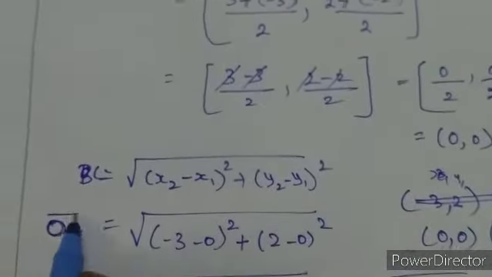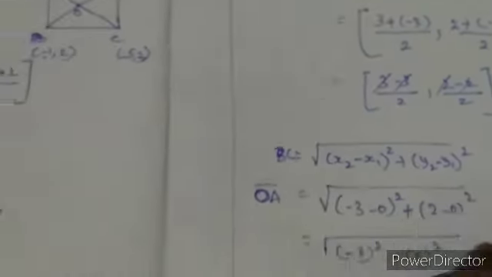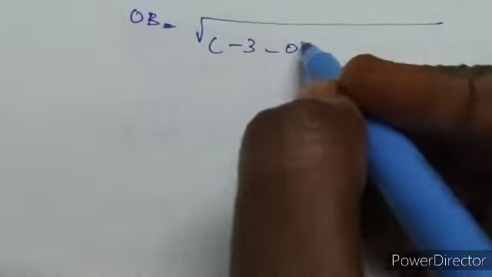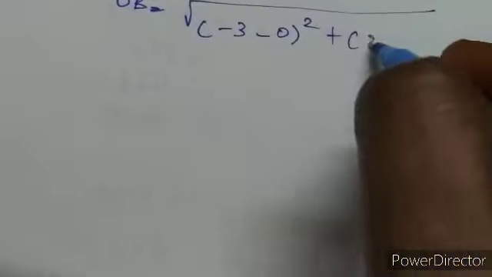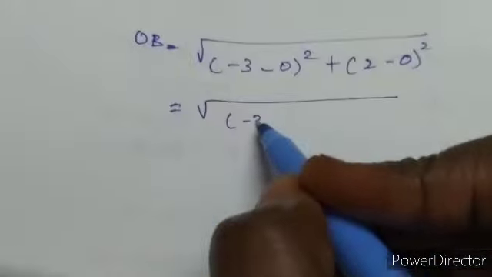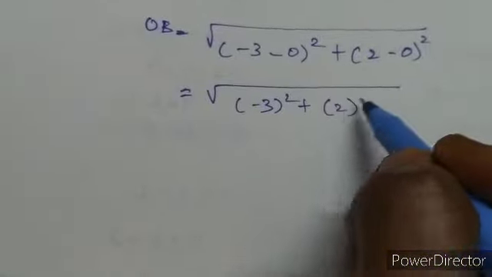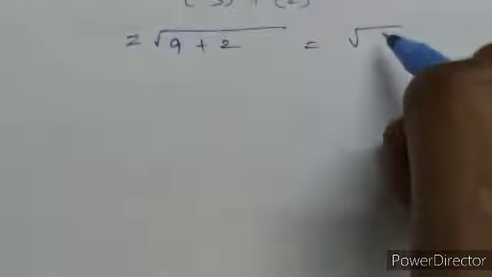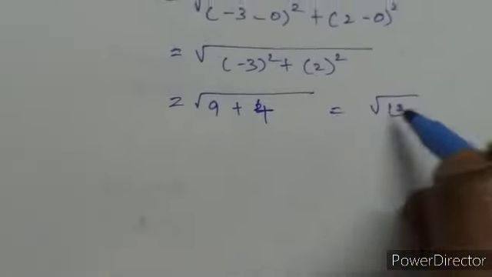Same like that, we have to find OB and OC by using the distance formula. OB equal to root of 3 minus 0 whole square plus 2 minus 0 whole square, that equal to 3 whole square plus 2 square, that equal to 9 plus 4, root 13.